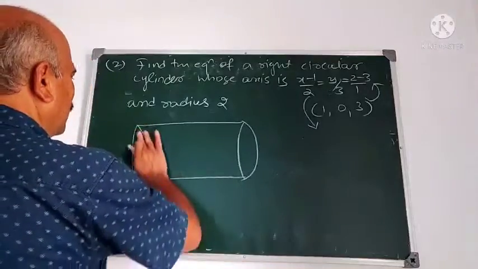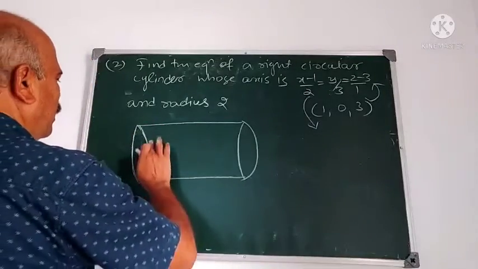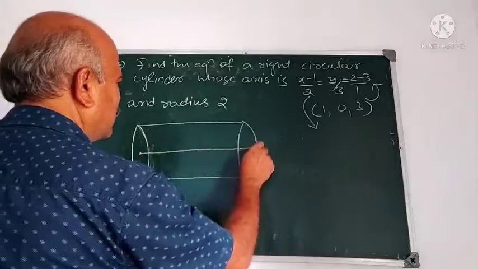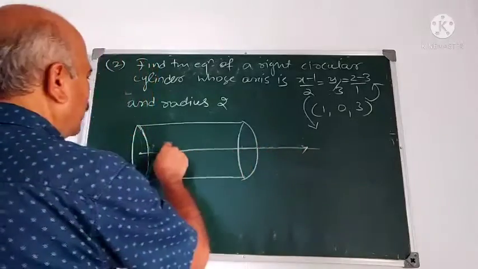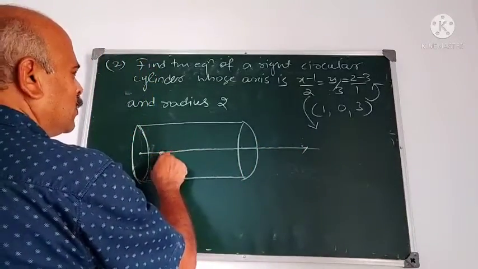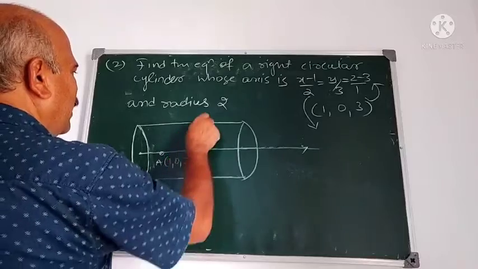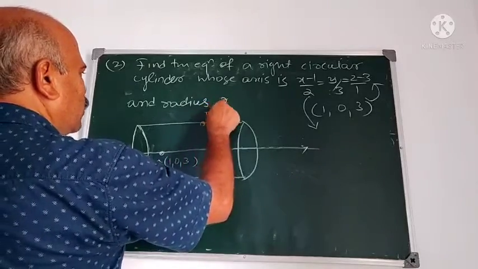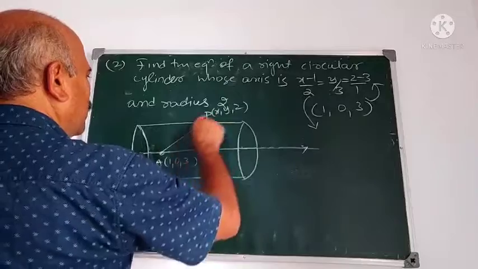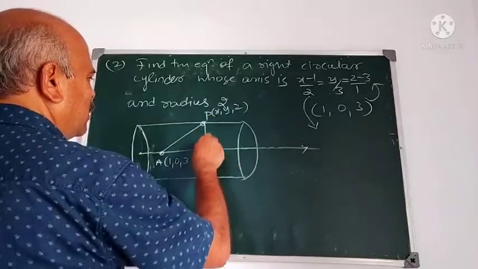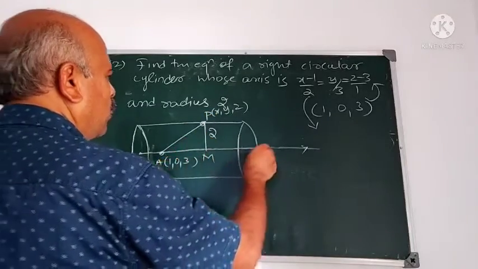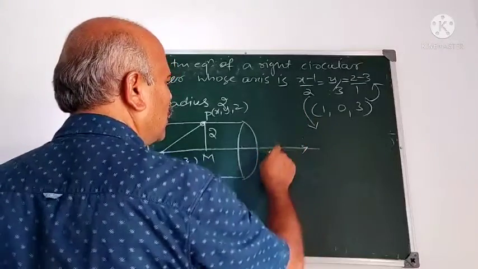This is the right circular cylinder. This is the axis of the right circular cylinder. Now I take A as the point on the axis, (1, 0, 3), and take P as any arbitrary point whose coordinates are x, y, z. Join AP. Draw the perpendicular; this is 2. Now what are the direction cosines? The direction ratios are 2, 3, 1.